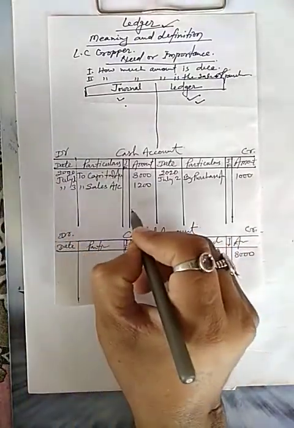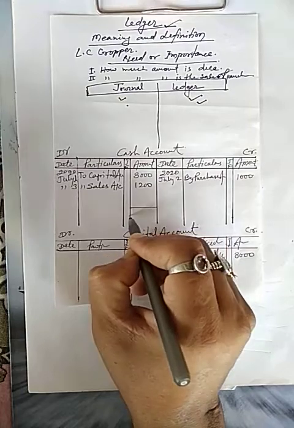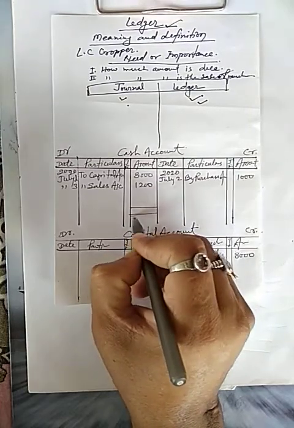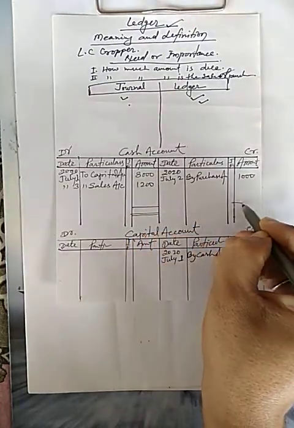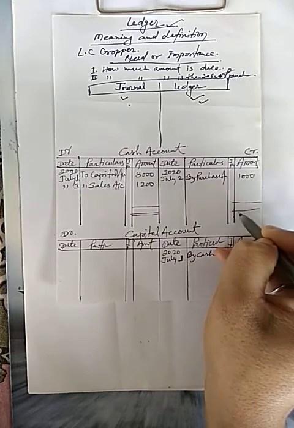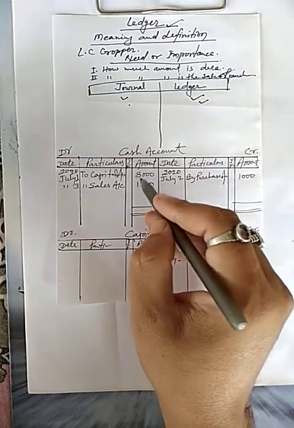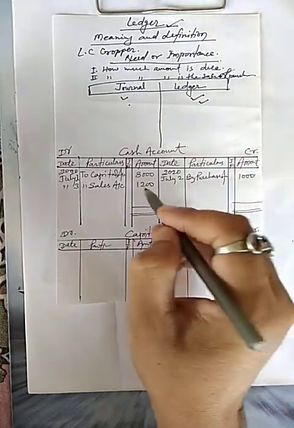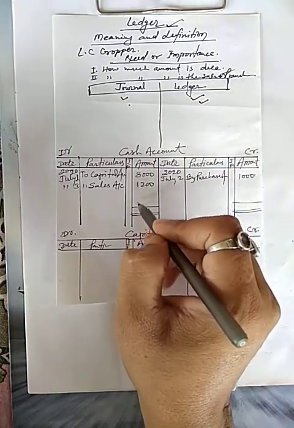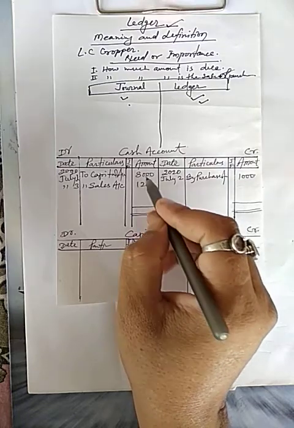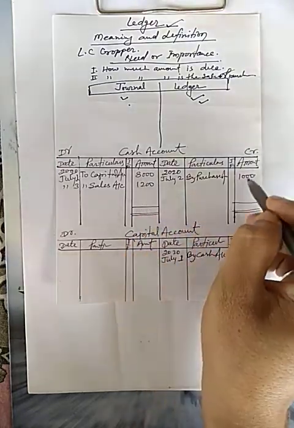Now I will balance it. We can see that debit side is more than credit side.